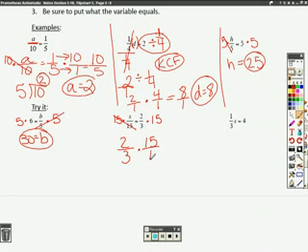Guys, am I going to be keeping, changing, flipping on this? No, because it's not what? Division. It's multiplication. You only keep, change, flip on division. This is multiplying. So I can cross cancel, though, can't I? So that's 10 over 1 equals 10. If you got 30 over 3 and put 10, that's fine.